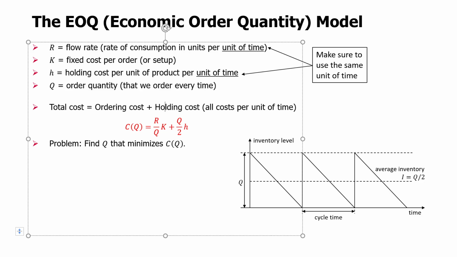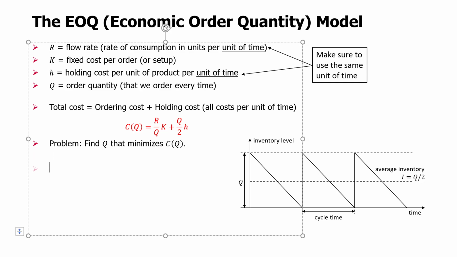So once we have this, we can calculate ordering cost and holding cost and then add them to achieve a total cost. These are expressed per given unit of time, for example, per 1 year. So total cost will be ordering cost. And the first thing to realize here is that R over Q determines the number of orders.